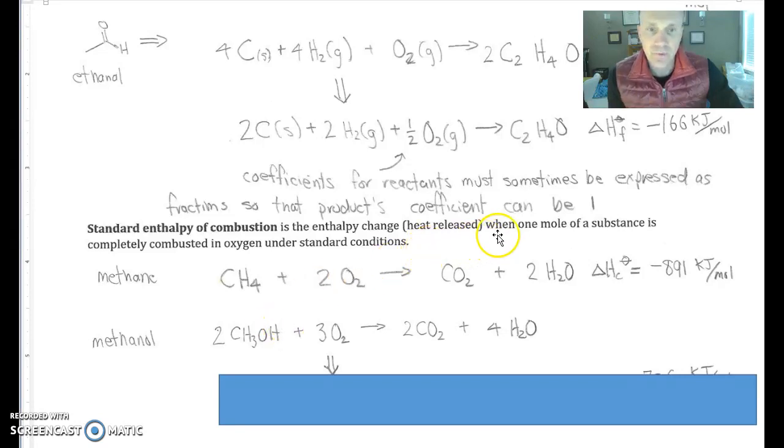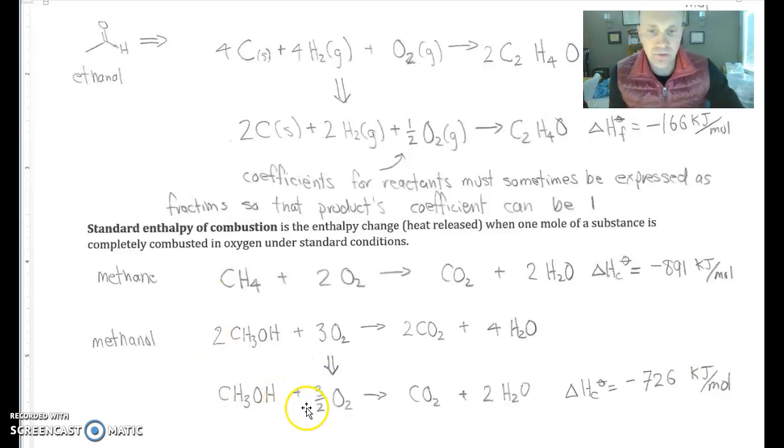All right, so you'll notice, since we need to do this per 1 mole of the substance, well, this would show per 2 moles of methanol. All right, so we're going to do the same thing again. We're going to divide everything by whatever that coefficient is right there. So we divide that by 2. All right, and that's going to end up giving us 3/2 of an oxygen molecule.